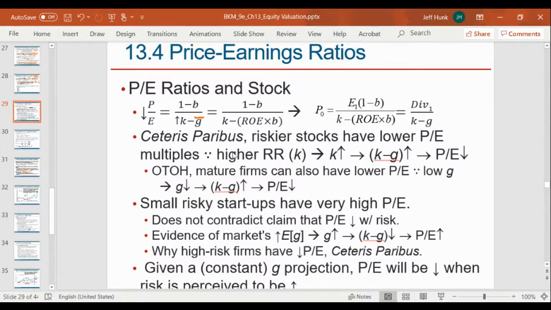Riskier stock, lower P/E multiples, in other words, a lower price earnings ratio, since riskier stocks would require higher required return.